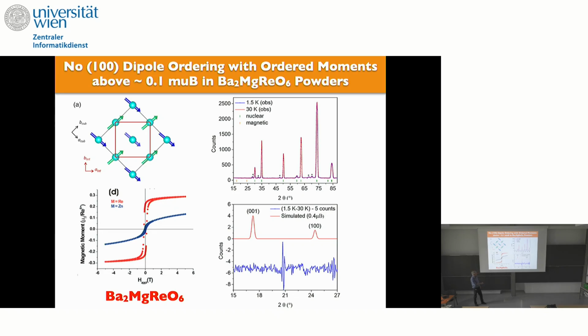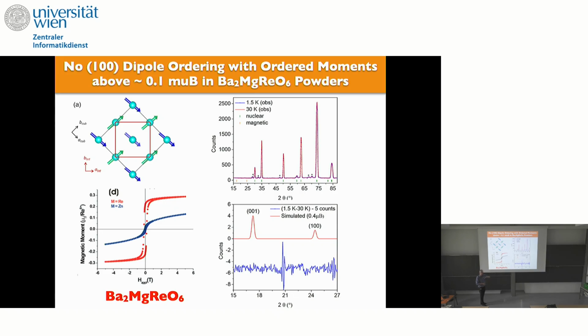And you can see that in this temperature subtracted data, there's nothing there. In fact, the strength of the magnetic neutron scattering goes like the square of the ordered moment. So if you took this down from 0.4 Bohr magnetons to 0.1 Bohr magneton, this scattering would come down by about a factor of 16, and then you would lose it in the noise.